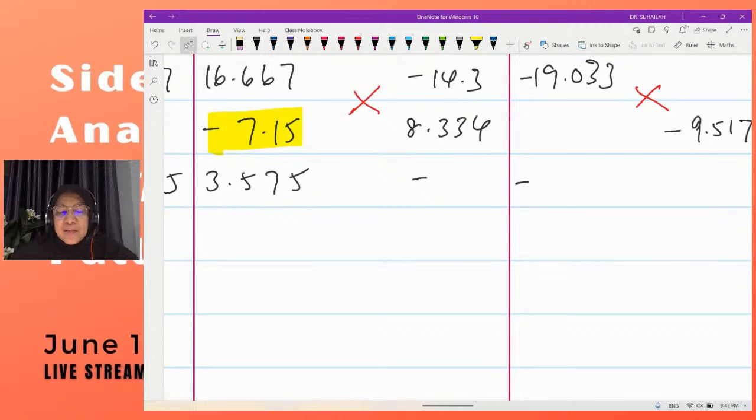Okay, 8.334 times 0.429 and 8.334 times 0.571. 8.334 times 0.429 is 3.575, the same value.